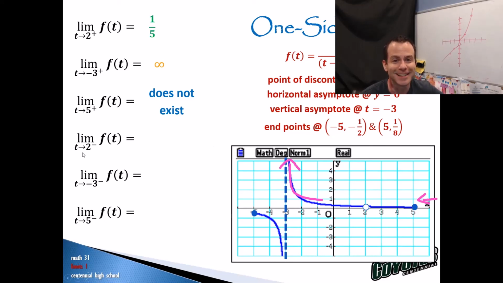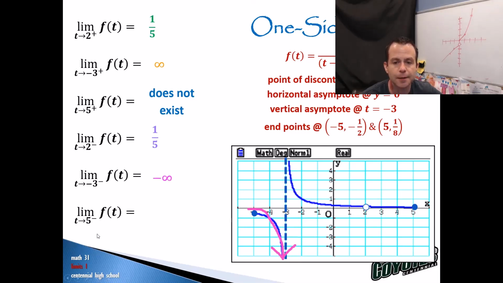It was limitless. Huh. Okay, so as t approaches 2 from the left, again, I'm approaching that point of discontinuity, which would be 1/5. As t approaches -3 from the left, I'm approaching negative infinity.